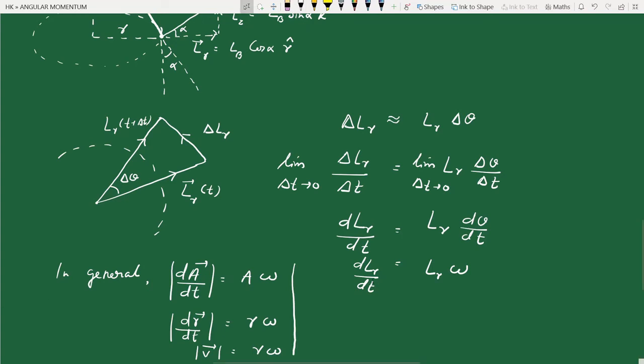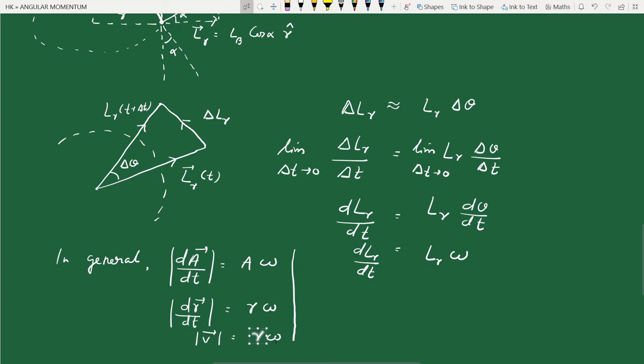What we have written here, dLR by dt equal to LR into omega, or in uniform circular motion, the magnitude of V equal to R omega, are all special cases of this general relation. Whenever a vector changes in direction only, with the magnitude remaining constant, the rate of change of the vector we can write as the magnitude of the vector into omega, where omega is the angular velocity of this rotation.